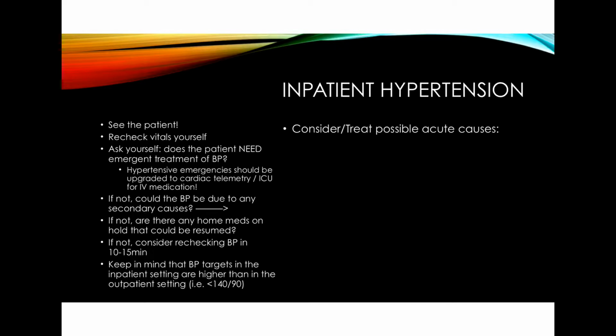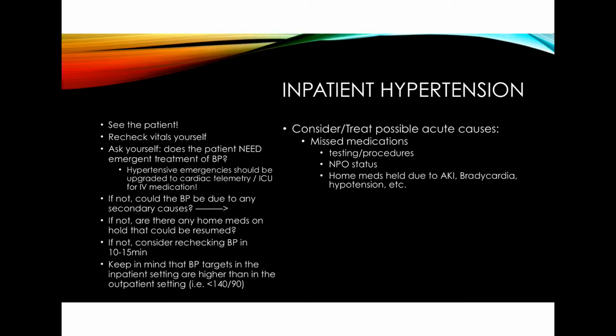So some of those acute causes that you'd want to think about and address would be missed medication doses, especially beta blockers and clonidine, which are known to have rebound hypertensive effects. The effect of multiple testing and procedures that are done on the patient, NPO status, other home medications that might have been held for AKI, bradycardia, or hypertension on admission and might need to be restarted.